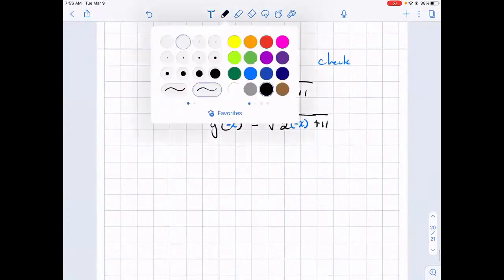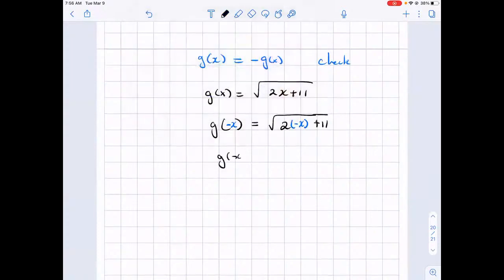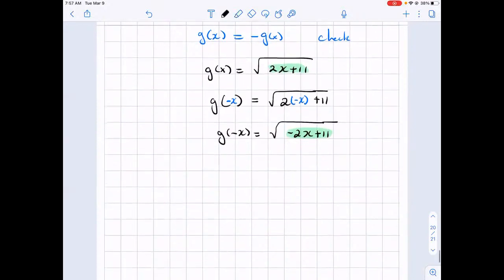And if we simplify this, g of minus x is equal to the square root of minus 2x plus 11. And notice that this is not the same as that. So this is not g of x, and g of minus x does not equal g of x.